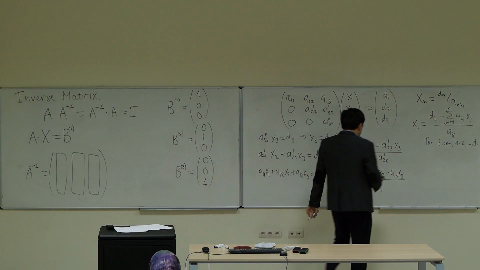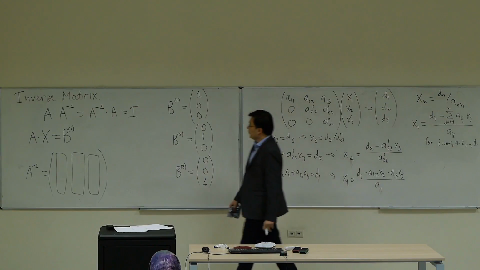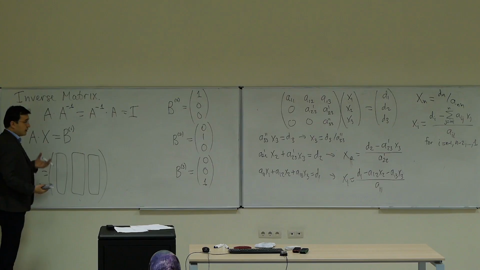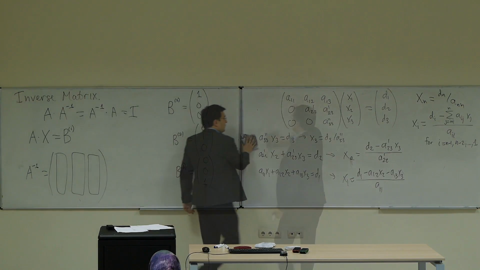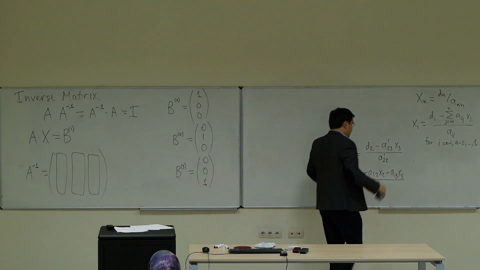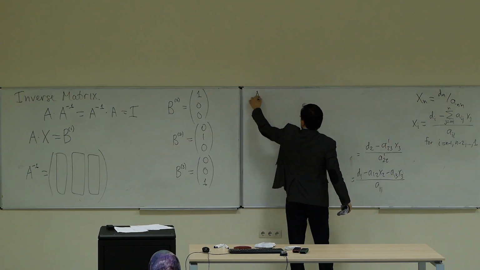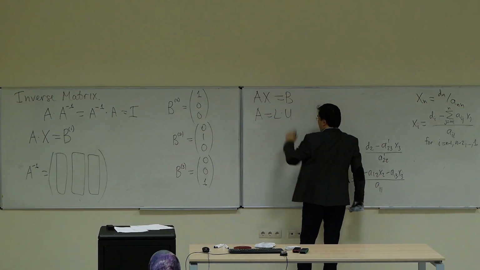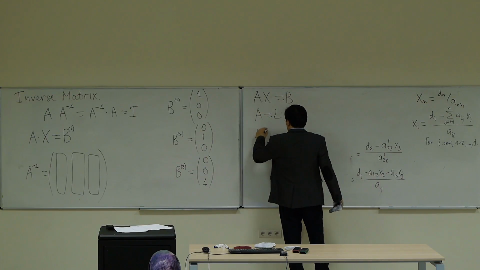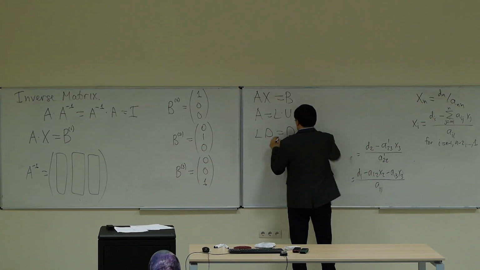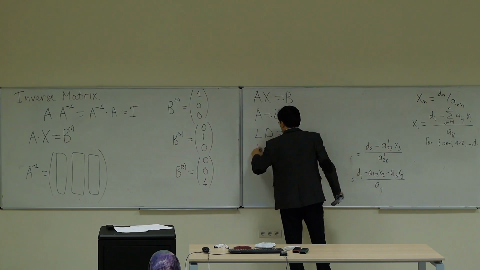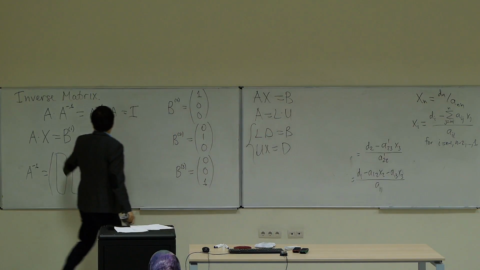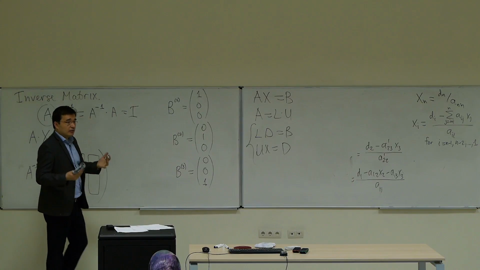Now the question is, why do we have to use the LU decomposition method? Can't we just use the Gauss elimination method three times and get our solution? Why do we need LU decomposition? Let's quickly remind ourselves of the general idea behind the LU decomposition method. This is our problem. We decompose A into L and U. We do it once. Then we solve LD equal to B, and UX is equal to D. Our matrix A is given and we have to find its inverse, right?